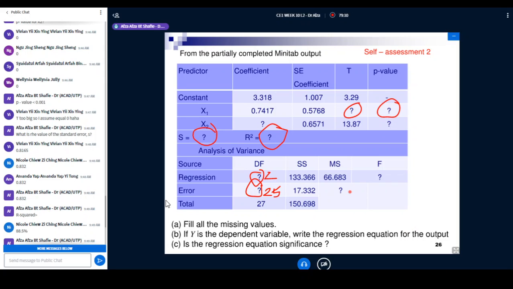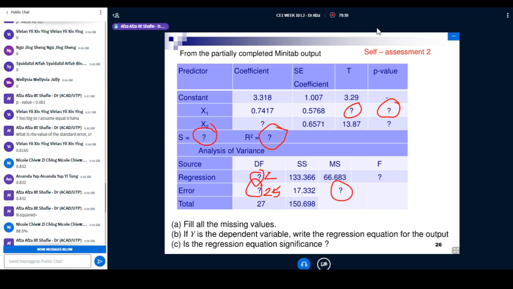Okay. Now, what's the value of the MSE? What is MSE? 0.3, that's correct. 693, yep. And what is F?